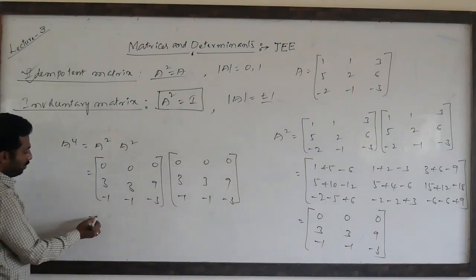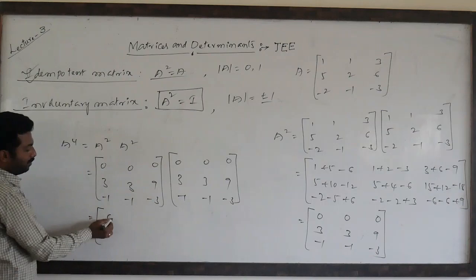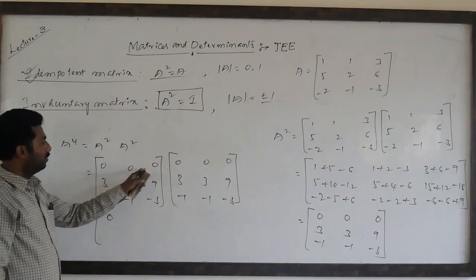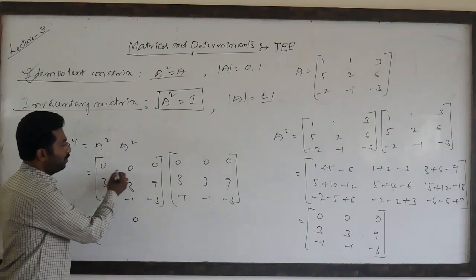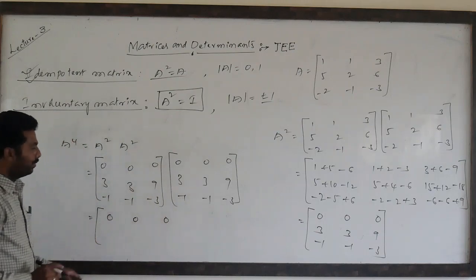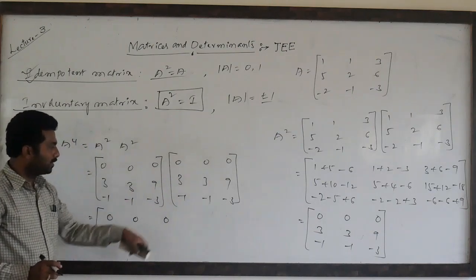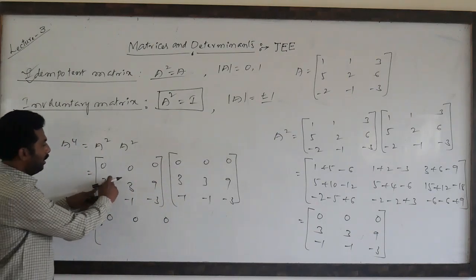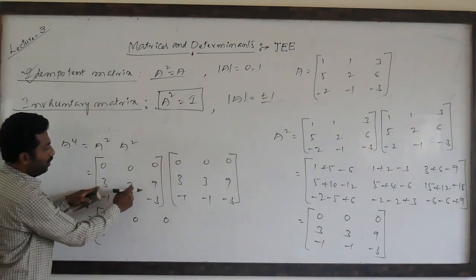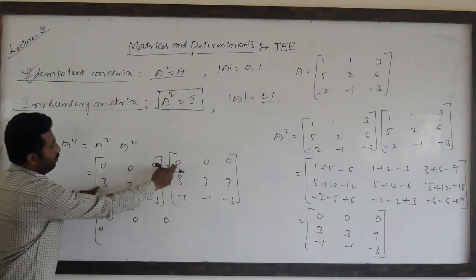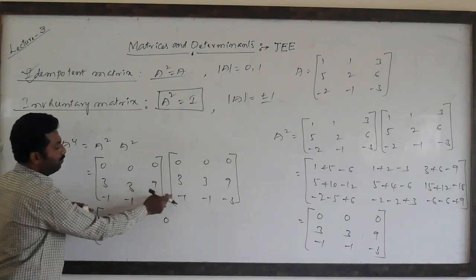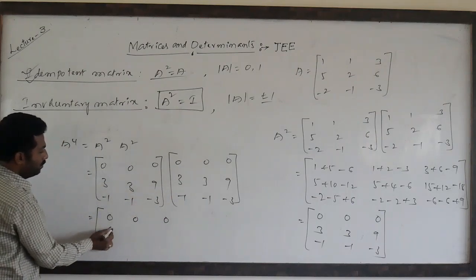So you observe, first row, first column means 0. All terms are 0. First row, second column 0. First row, third column 0. Second row, first column: 3 into 0, 0; 3 into 0; 9 minus 9, so completely 0.